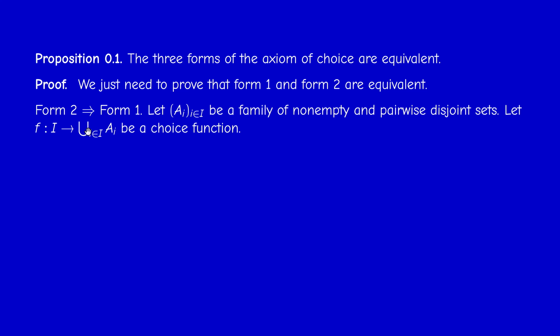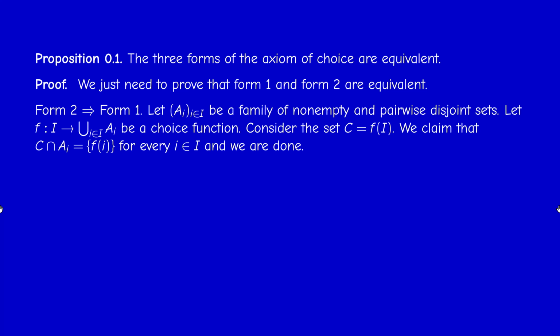Form 2 tells me that there exists a choice function, so there exists an element in the product. Call it f. And consider the image of f. Here we have to distinguish between f and the image of f, because f is a function, whereas the image of f is a subset of this union. So if you consider the image of this choice function, we claim that this is our set.